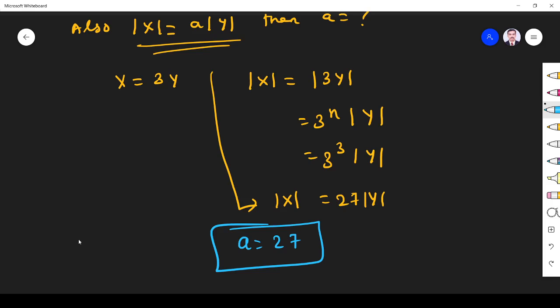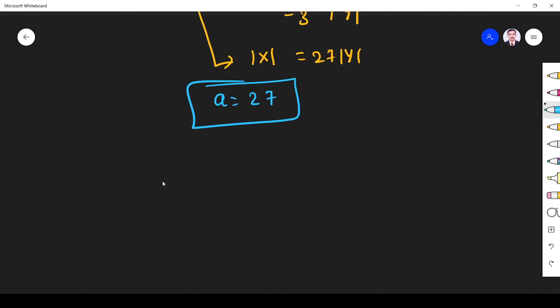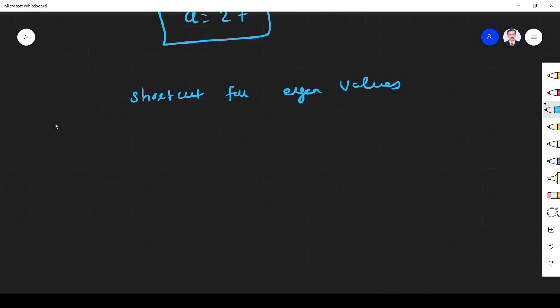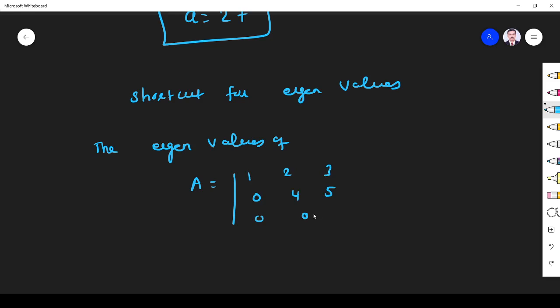Okay, fine. Next we see eigenvalue related problems. Shortcut for eigenvalues. What is the eigenvalue of, suppose the question is, the eigenvalues of A is equal to the matrix 1, 2, 3, 0, 4, 5, 0, 0, 6.